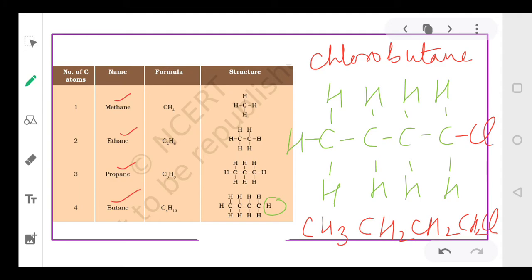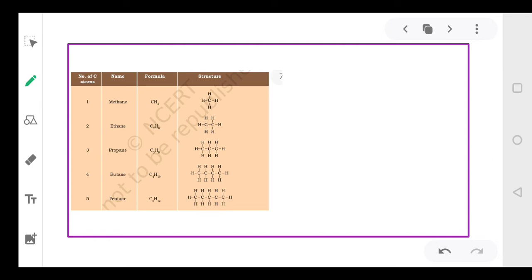Whatever is the number of carbon atoms, whatever the alkane, you can replace one hydrogen atom in the alkane with a chlorine atom. That will result in the formation of chloroalkanes. These are all called chloroalkanes. I hope you're clear. Hello everyone, are you clear with this?